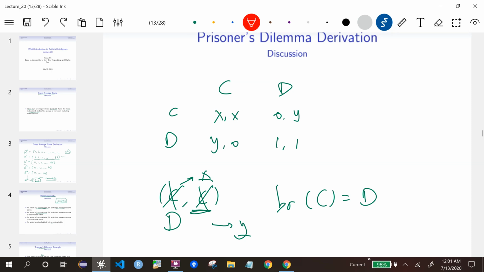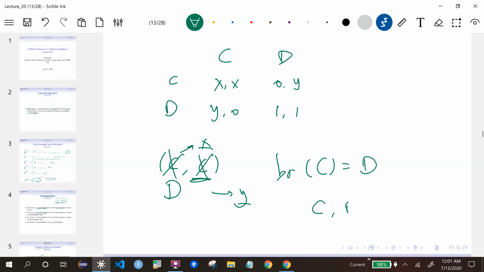Let me actually not cross it out. And we can probably check C and D. If the other guy is choosing D, D means confess. Would I confess or deny? I would confess as well. I apologize for the notation.